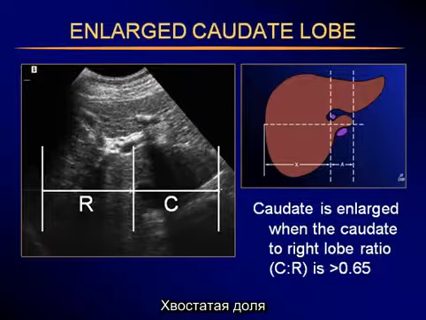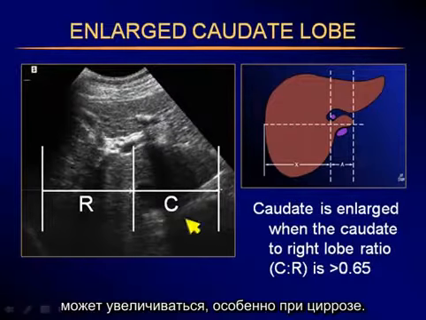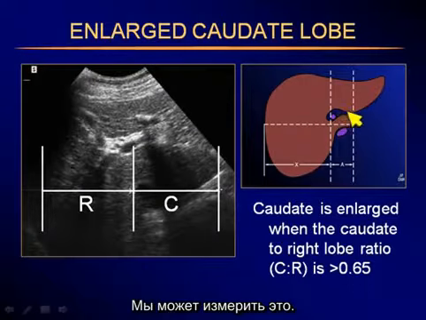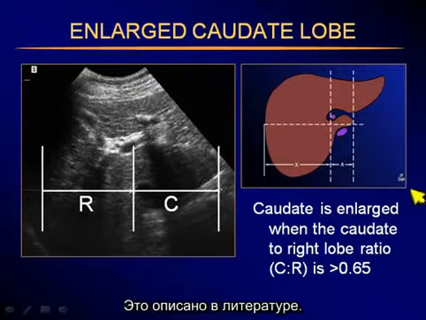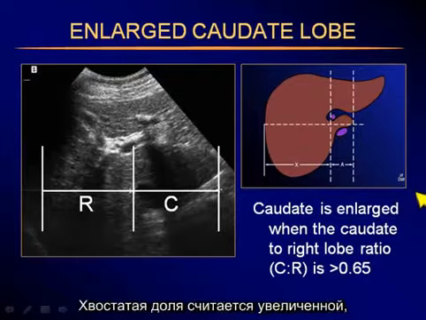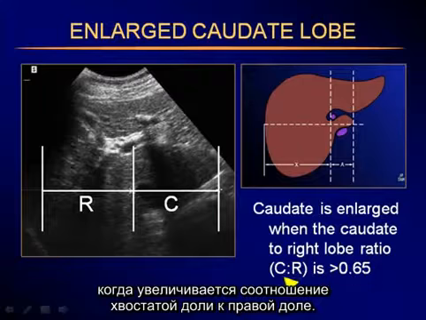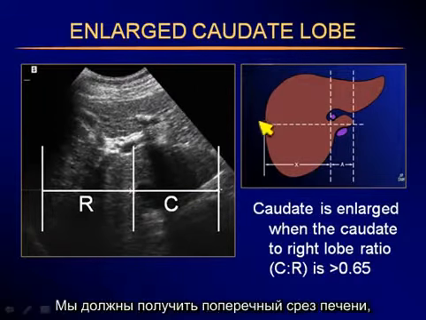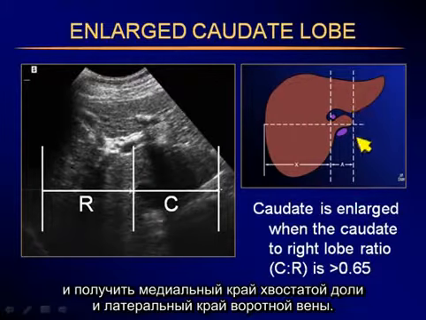Also, the caudate lobe can become enlarged, especially with cirrhosis. We can actually measure that. This is described in the literature. And the caudate is enlarged when a certain ratio of the caudate to the right lobe is exceeded. So what we would do, we would take a transverse section of the liver, we would take the medial margin of the caudate and the lateral margin as the lateral margin of the portal vein.